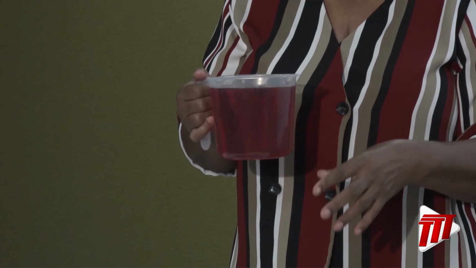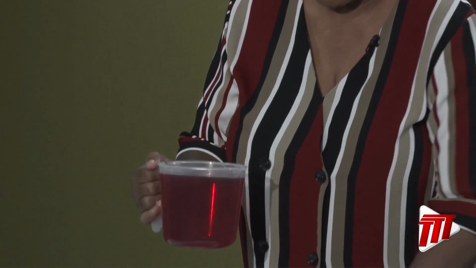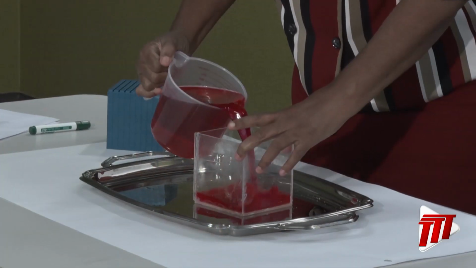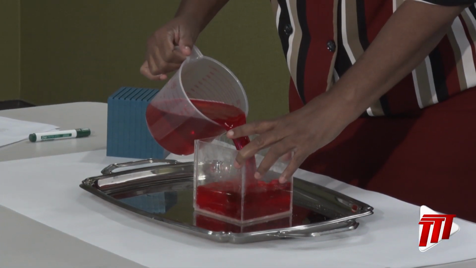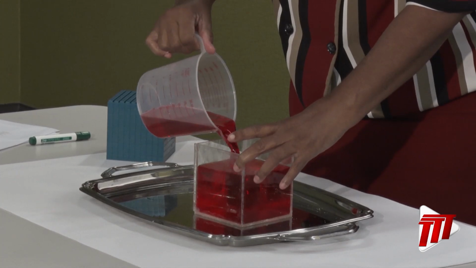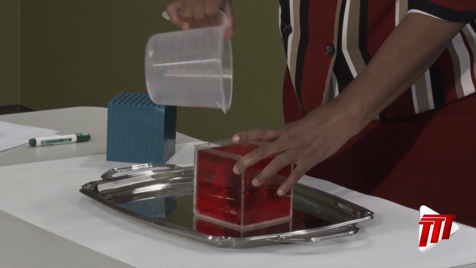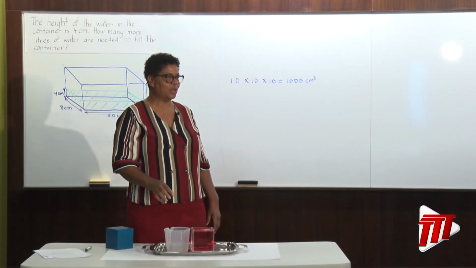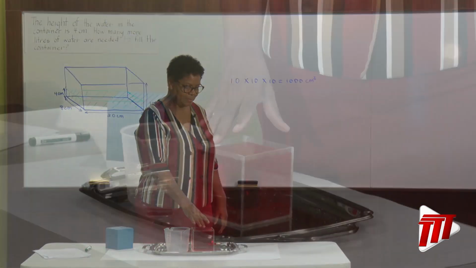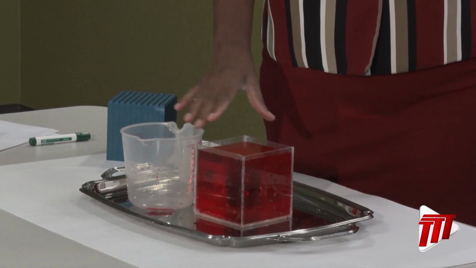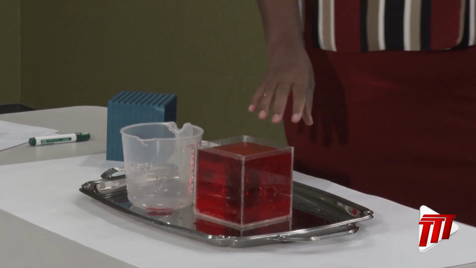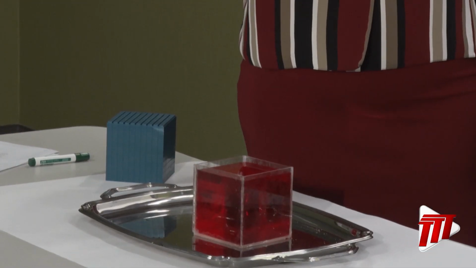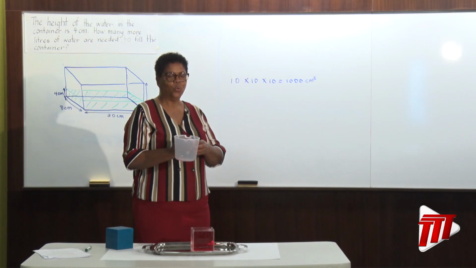I'm going to pour this liter of water into the cube. And it comes all the way to the top. So we see that this cube, which is 1,000 cubic centimeters, holds the same amount as 1 liter.